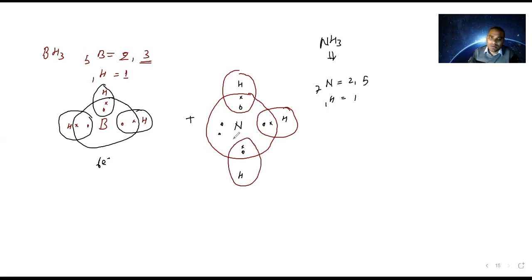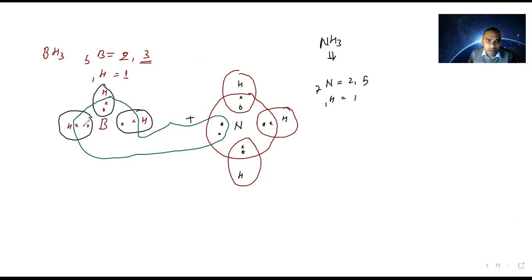Now, what is going to happen here? Boron has not completed its octet, but nitrogen has completed: 1, 2, 3, 4, 5, 6, 7, 8. So how does boron complete the octet here? I am changing the color. Boron takes the 2 electrons this way.